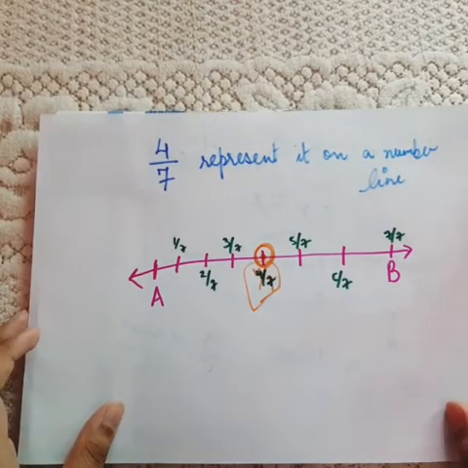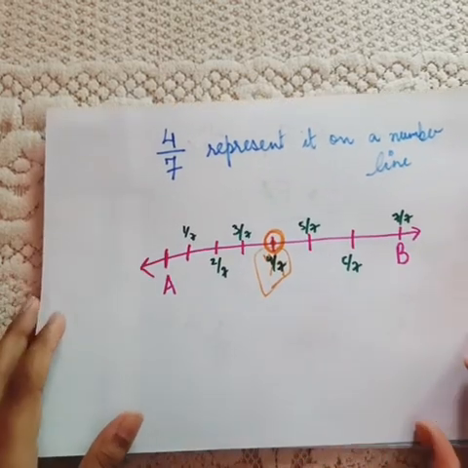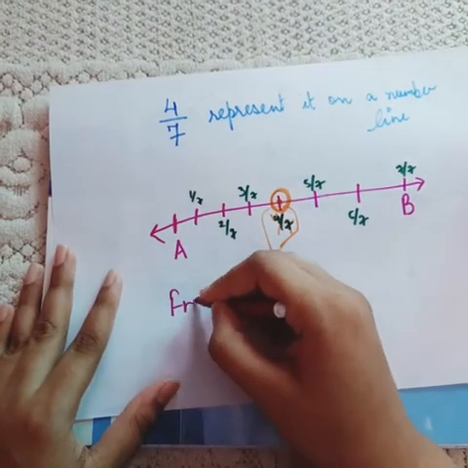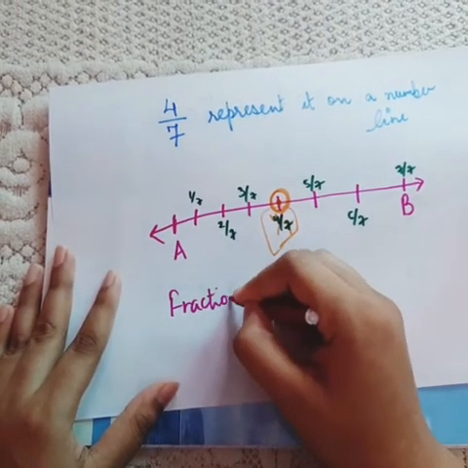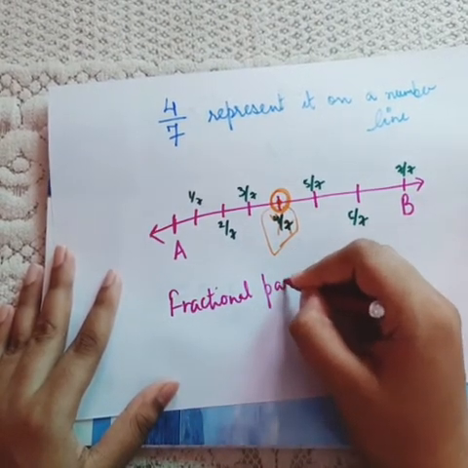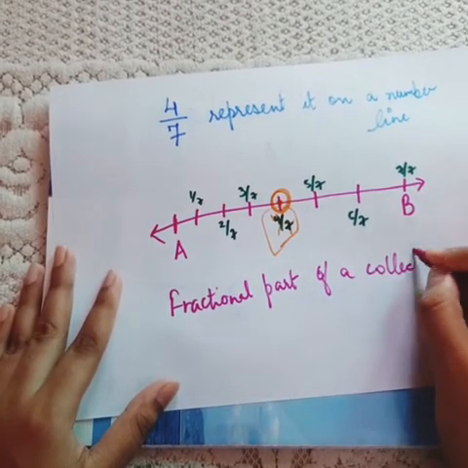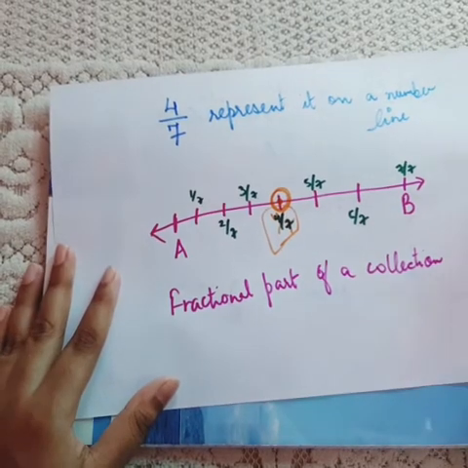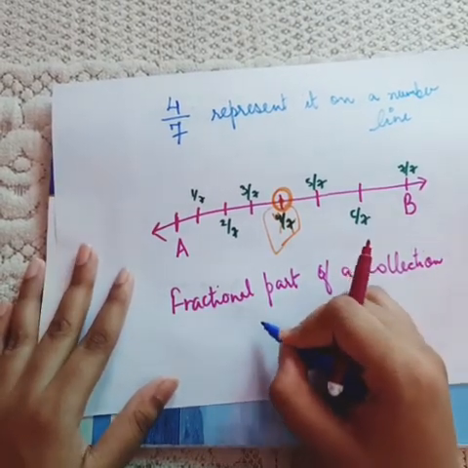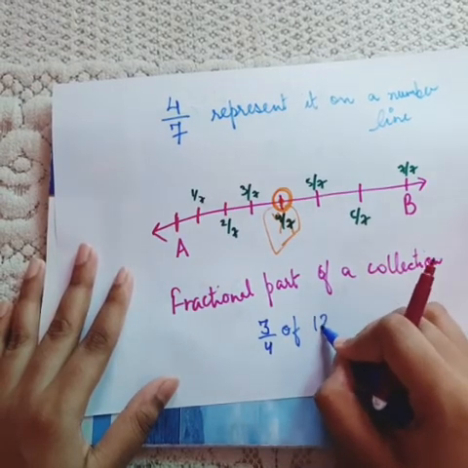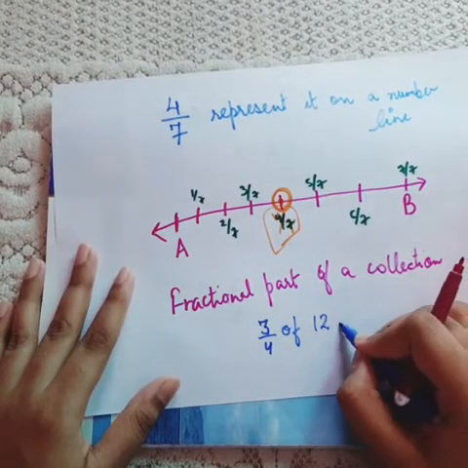Now, how to solve if you have a fractional part of a collection? So if you are given, find 3 by 4 of 12 pence.